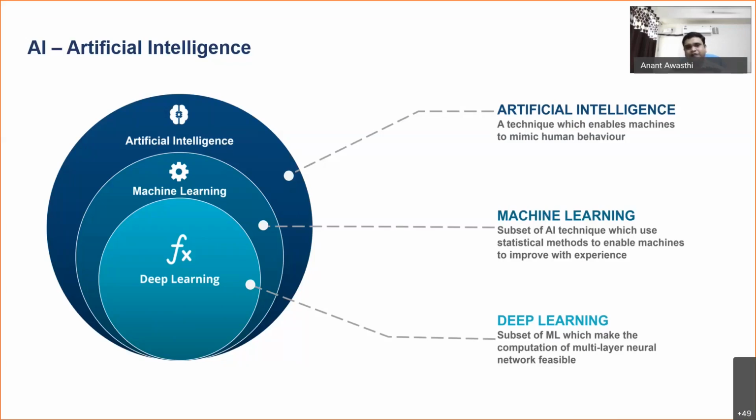The second part of it is deep learning. There is a slight difference between machine learning and deep learning that we will discuss in an upcoming part of this discussion. Deep learning is majorly based on neural network architecture. It uses multiple layers of neural networks and different sets of networks for implementing a single solution.